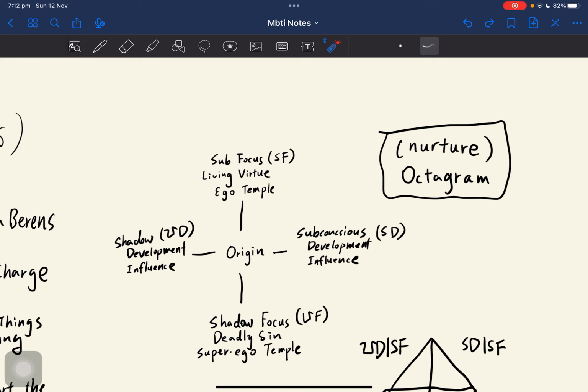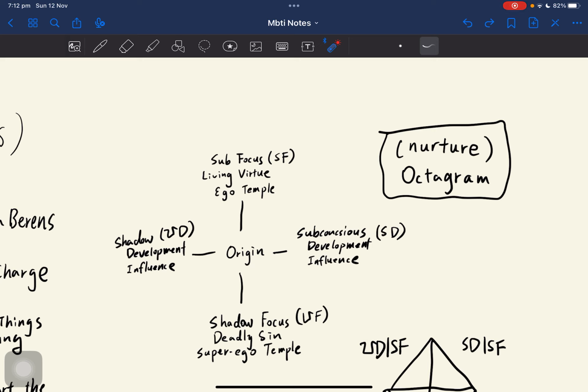So if you are shadow development influence, it means that your environment tends to make you more like an ESFP. It means that you identify some of the things that appeared in the ESFP description.